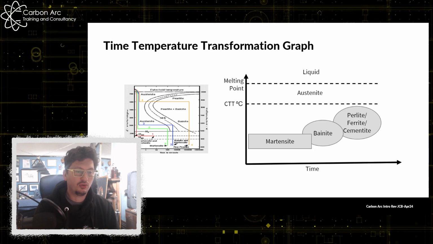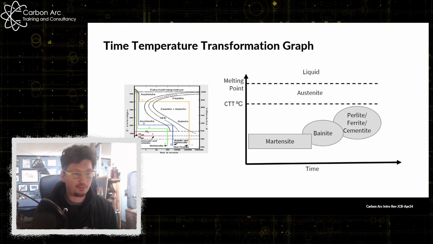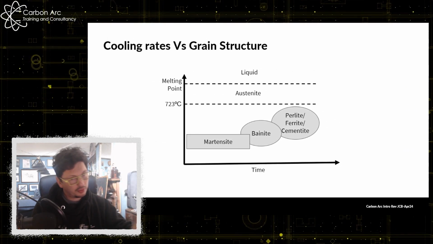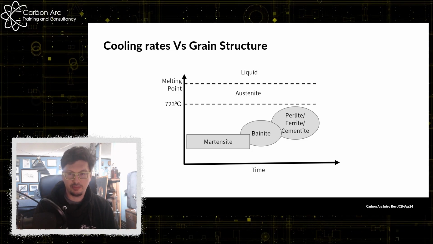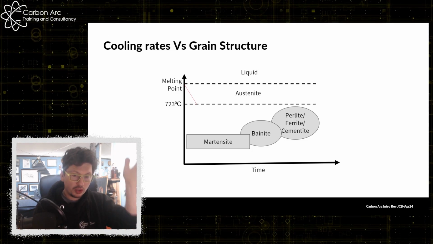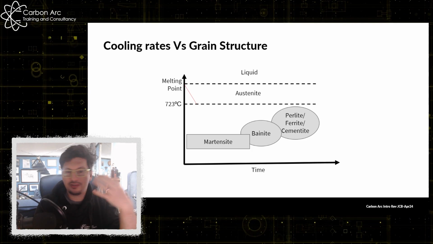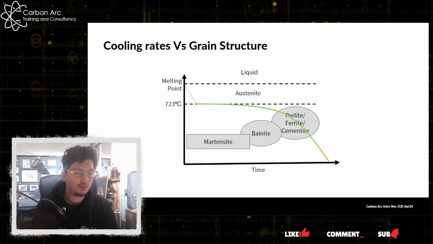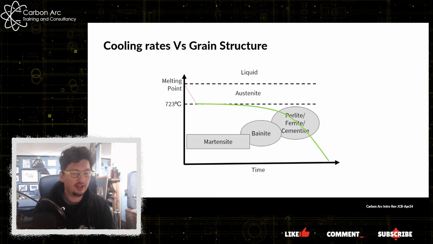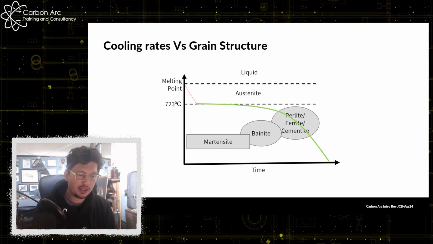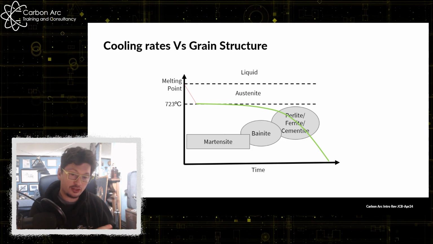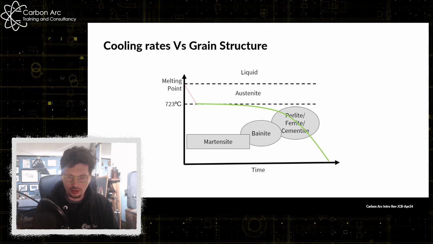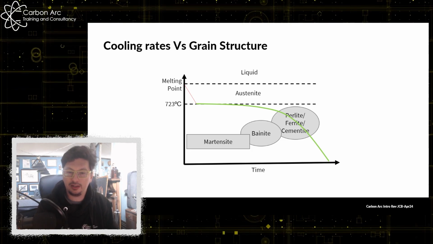Okay, so let's have a look at how that happens. Like I say, we'll stick in 723 degrees as our critical transformation temperature there. So we cool down after welding, immediately after solidification. Now a slow cooling rate is generally where we want to be. On the official TTT diagram, you'll see time is not evenly spaced along the axis.